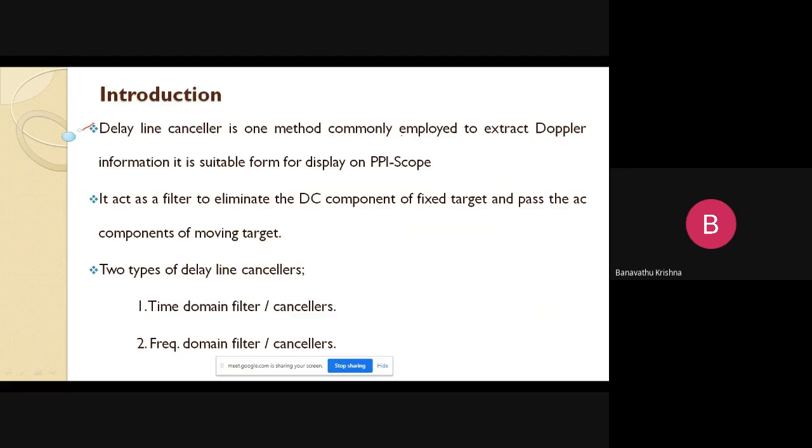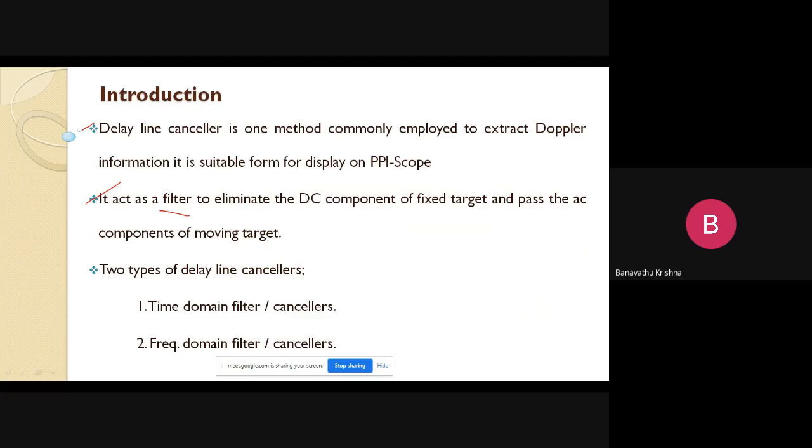In that case there is a concept, nothing but the Doppler concept. By using this Doppler concept, we can easily detect the object in the space. And here the delay line canceller is attached; it is a filter.